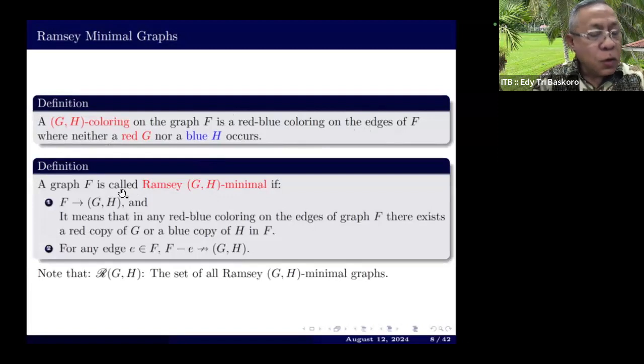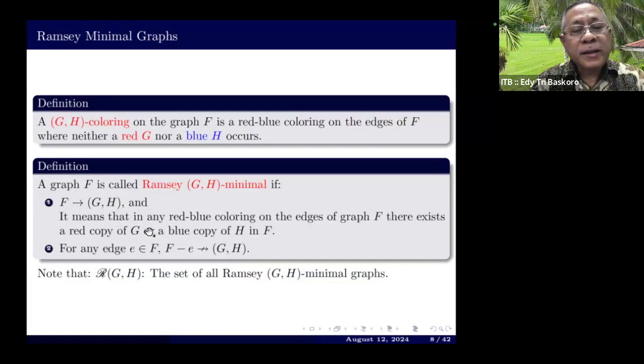And what we mean by a graph F being Ramsey (G,H)-minimal is that F satisfies the following two conditions. First, F arrows (G,H).